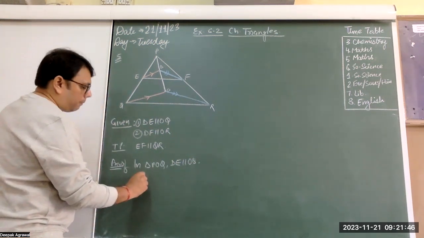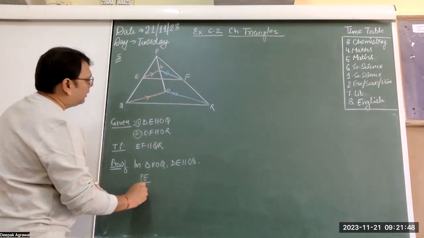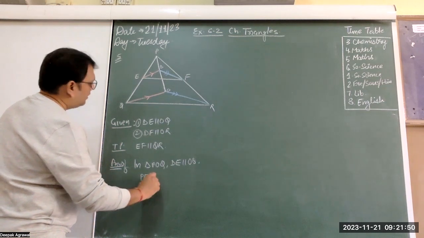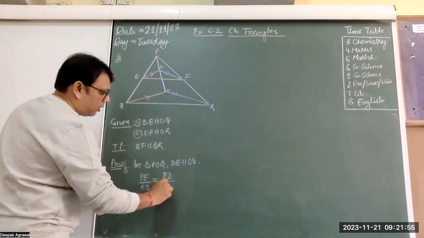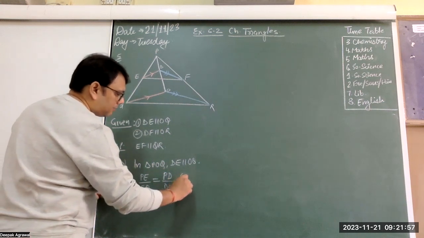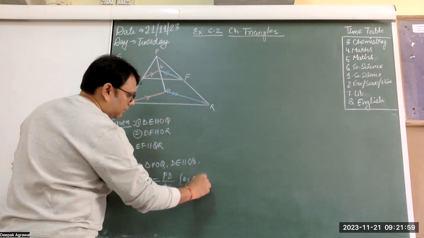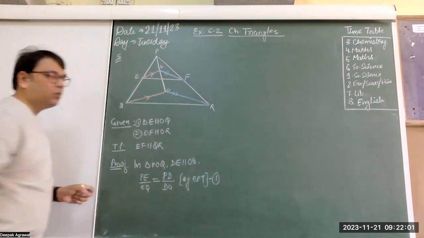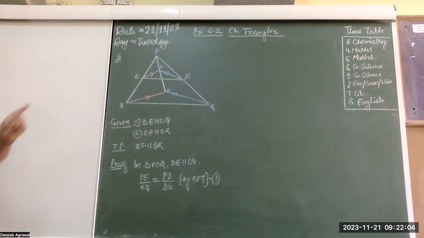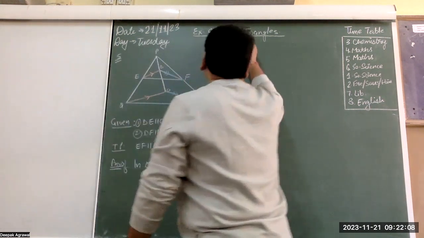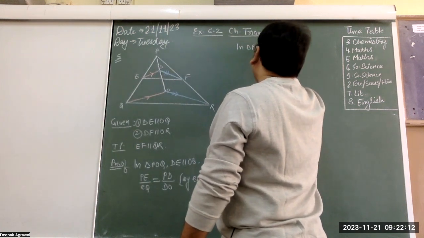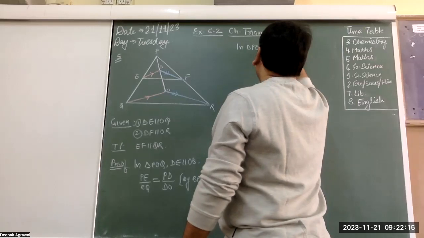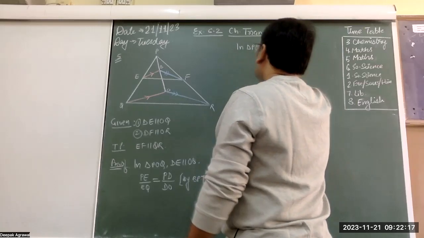So PE upon EQ is equal to PD upon DO by BPT, and this is equation number 1. Similarly, if I consider both the blue lines and the point, then which triangle can I take? In triangle POR, DF is parallel to OR.